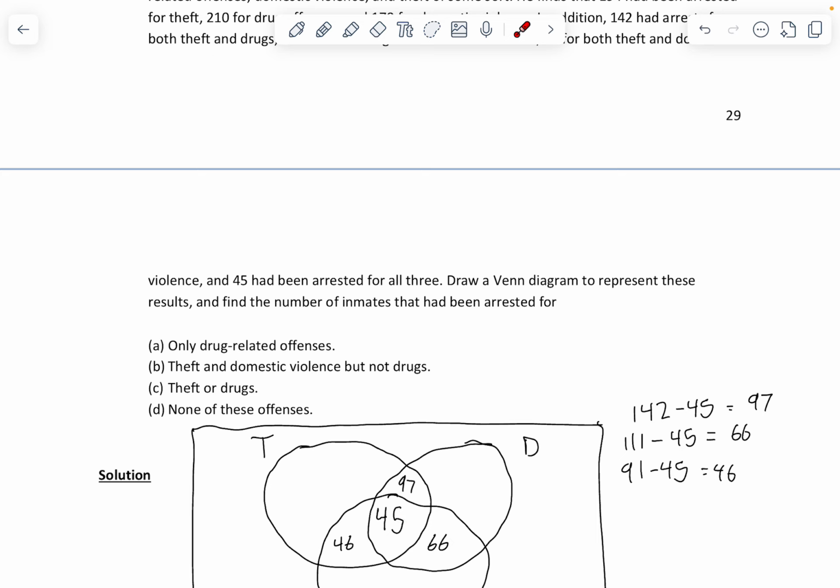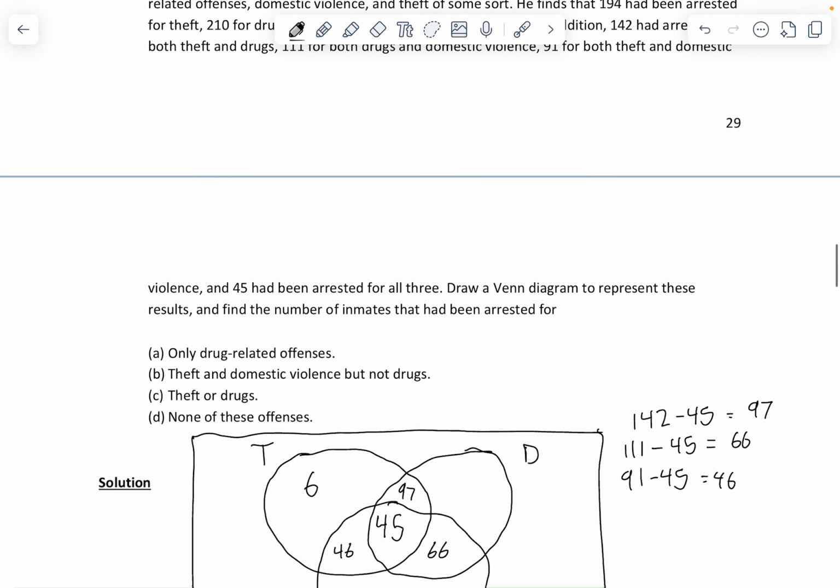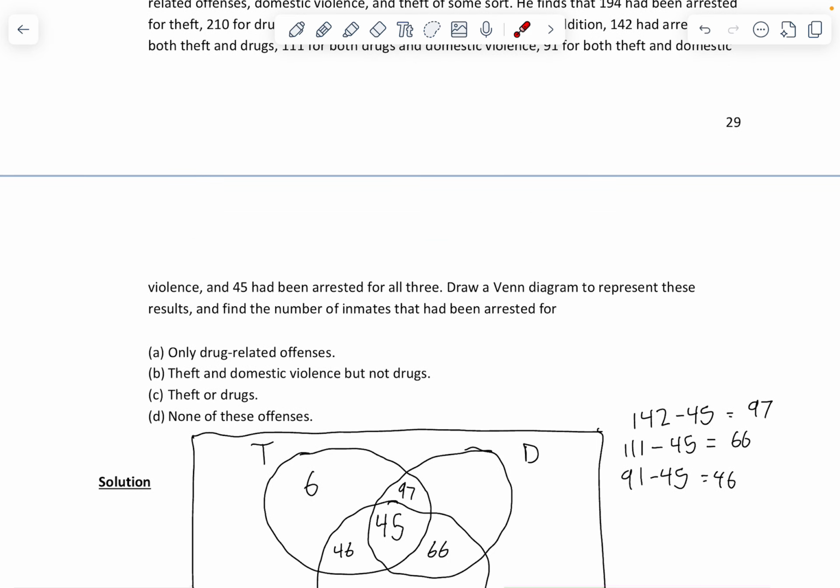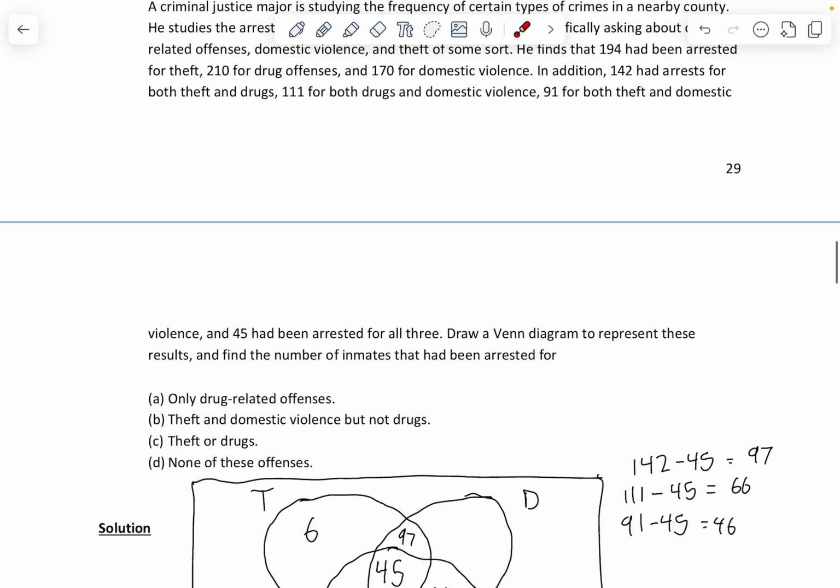This is going to end up being a 6, because 6 plus 97 plus 46 plus 45 adds up to 194.